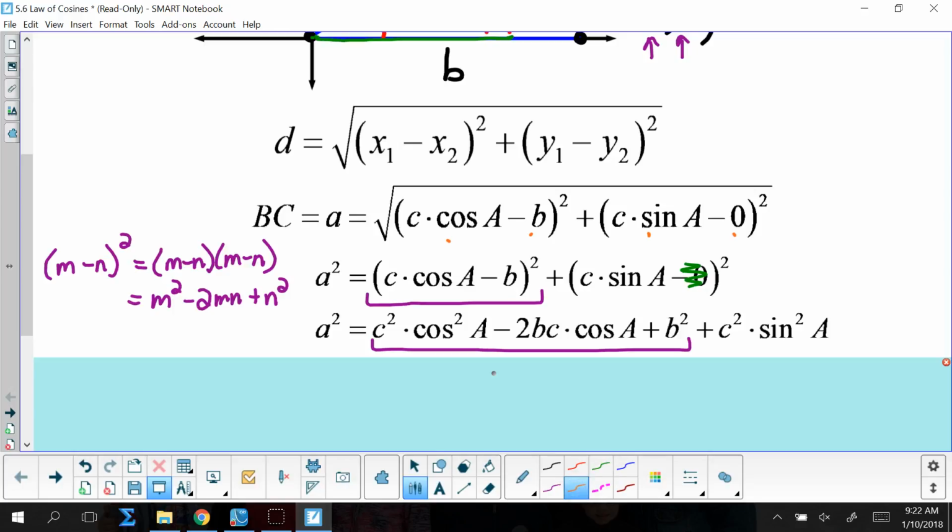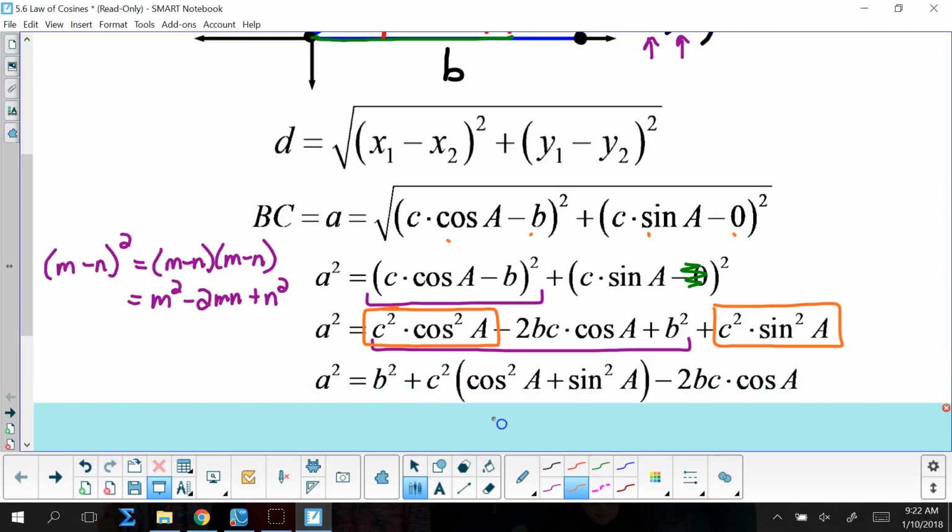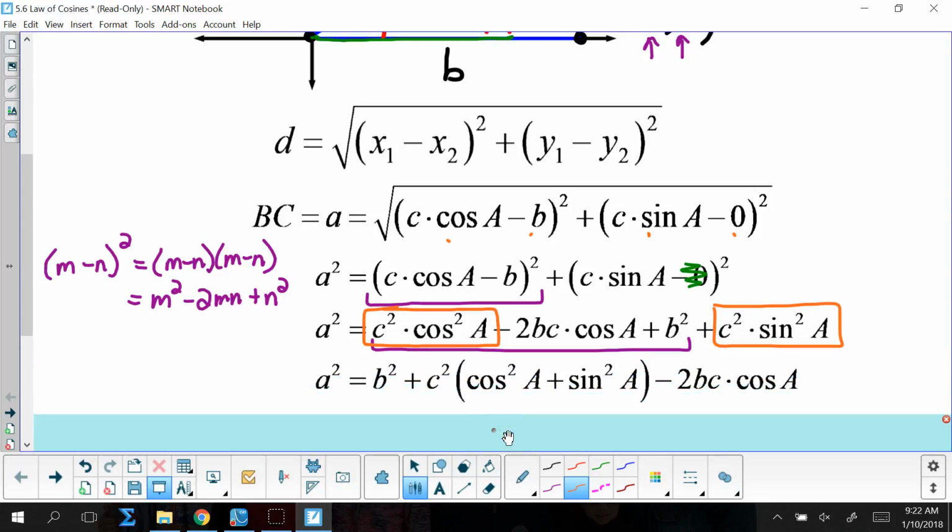Now, I'm going to take this term right there and this term right there. Because they both have a c squared in them, I can pull that c squared out of those two terms, and I'd be left with cosine squared of A plus sine squared of A. And what's that equal to? 1.